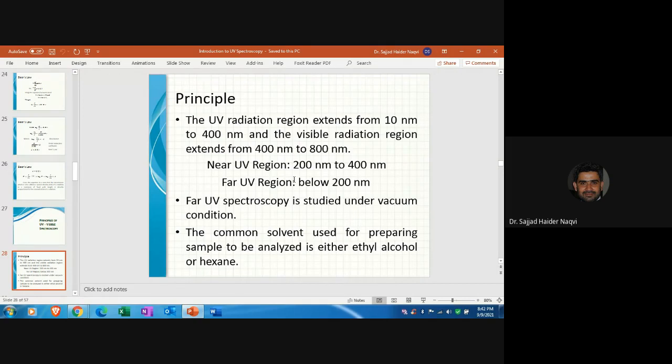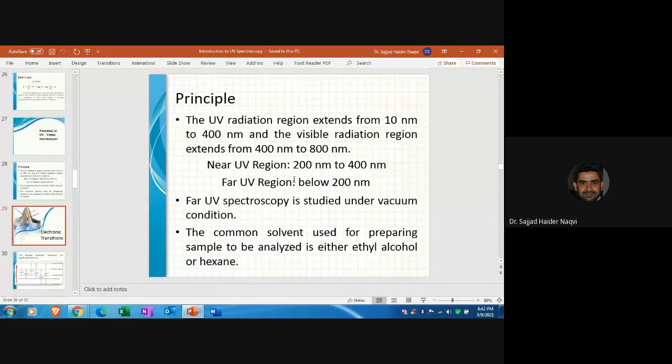The common solvents that we use for the preparation of the samples for far UV spectroscopy are either ethyl alcohol or hexane. These are the two most common sample preparing solvents used for far UV spectroscopy.